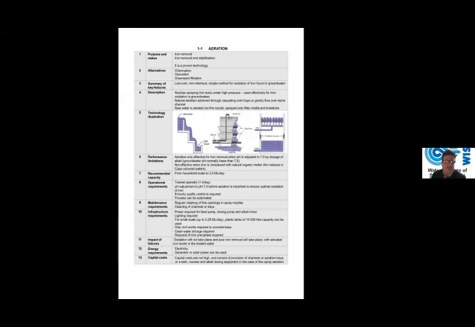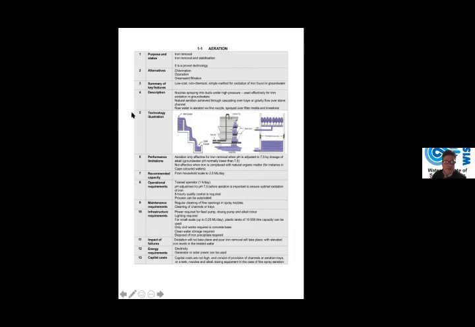And we've successfully used aeration followed by filtration in places like the Western Cape, Albertinia, and so on. It works well. It's got low operational and maintenance input and low operational costs as well, because it's aeration and no chemicals are used. But it's not quite as effective as your chlorination or the other oxidants.